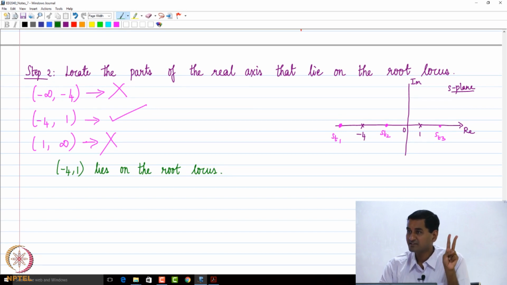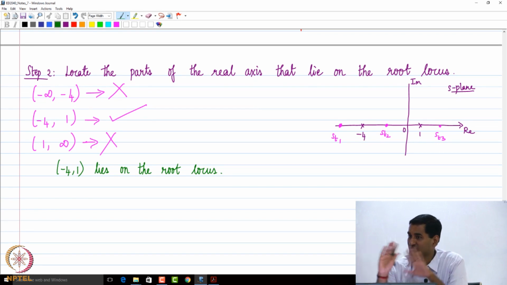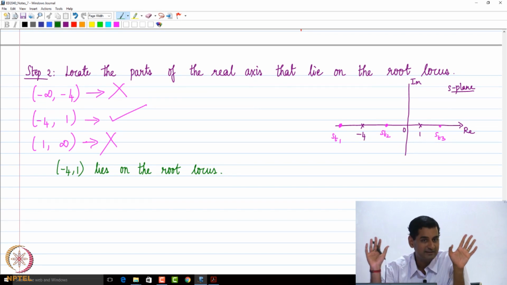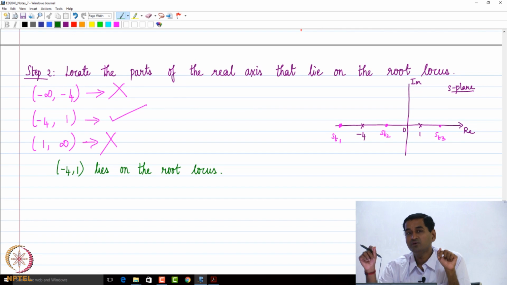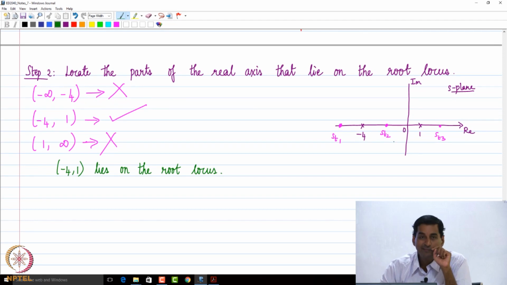Please remember the condition, right. You take a test point on the real axis, look towards the right of the test point, consider only the real axis, not the complex plane entirely. Now, you count the number of real open loop poles and real open loop zeros to the right of this test point. How many do we get? 2. Is that odd? No, that is why we can eliminate it.